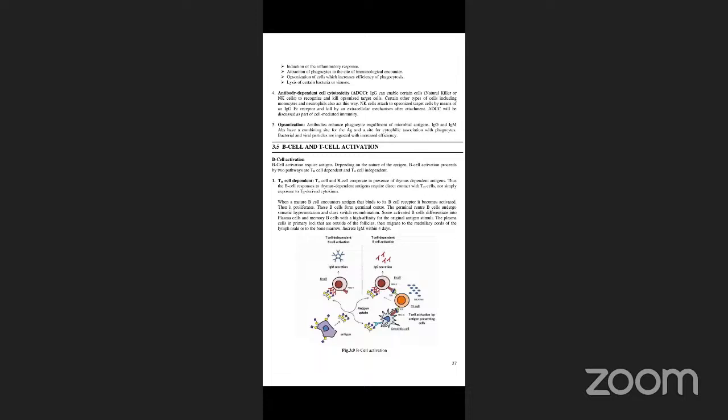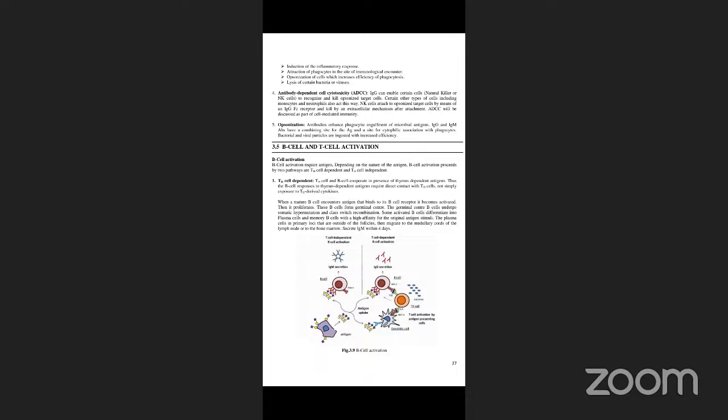Other types of cells like monocytes and neutrophils also help the natural killer cells, okay, which will kill the extracellular pathogens. This is cell mediated. I told you humoral means it is body fluid mediated through antibodies. Here it is a cell mediated mechanism.